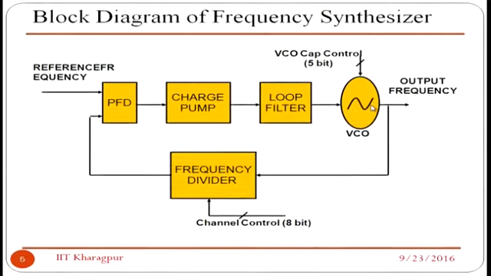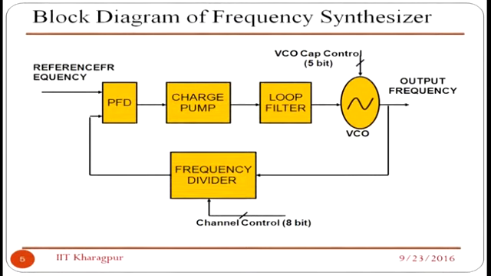In that way you can change the divider number from N, N plus 1, N plus 2 and so on, like N plus 16, and you will have 16 channels, but they will all be translated into 5 megahertz in the loop to the PFD and compared with your reference clock, which is 5 megahertz. Clear?